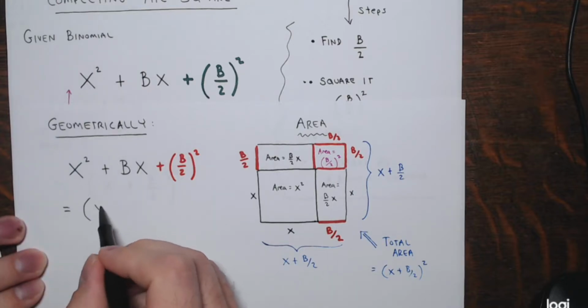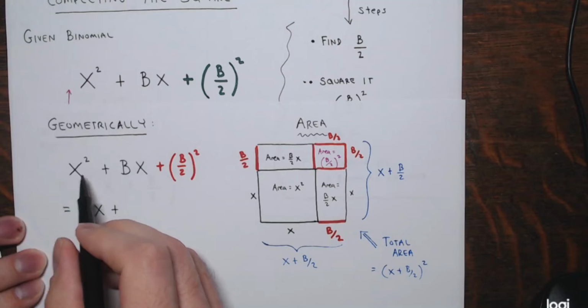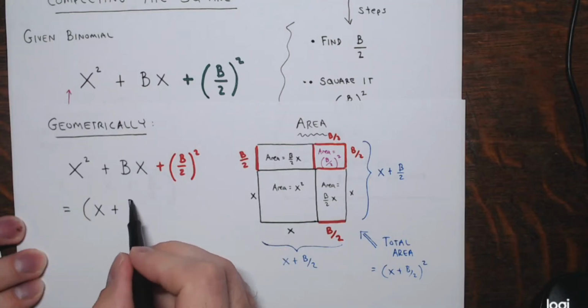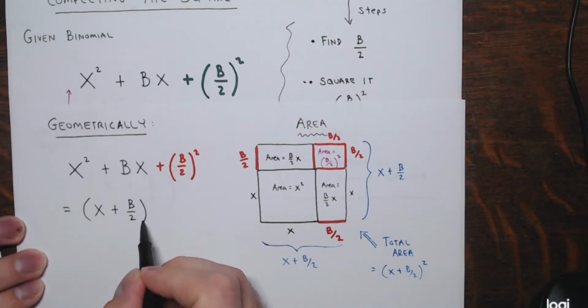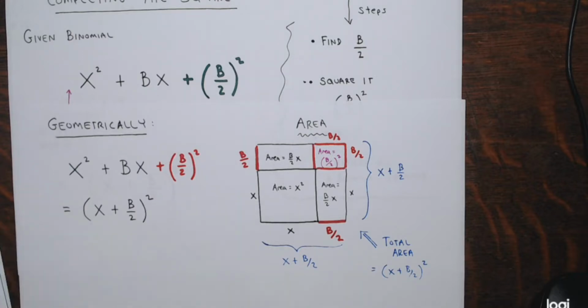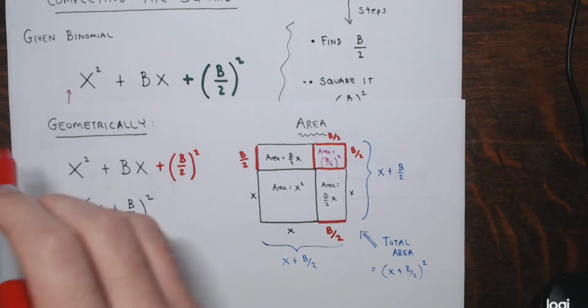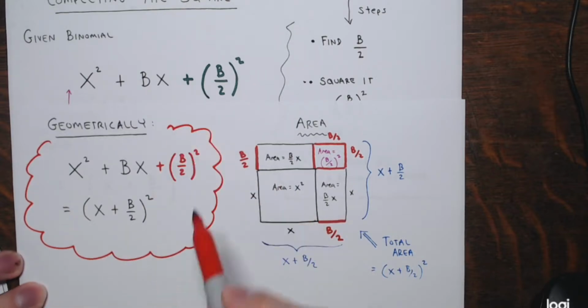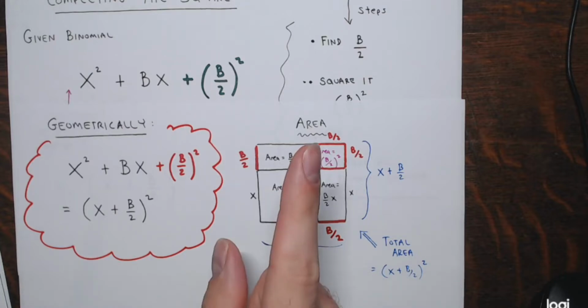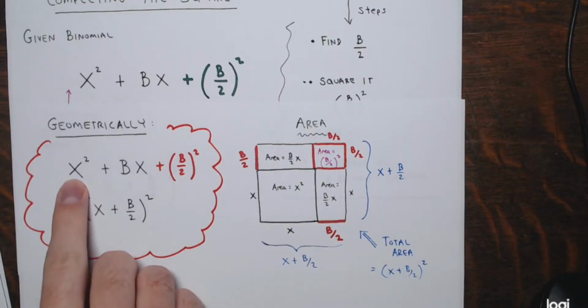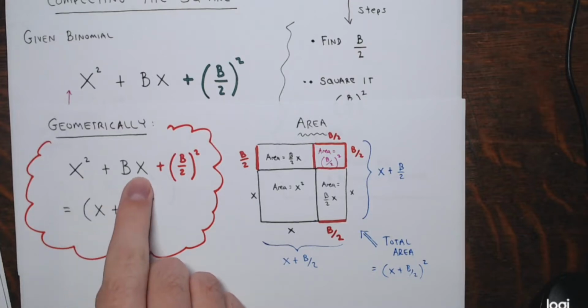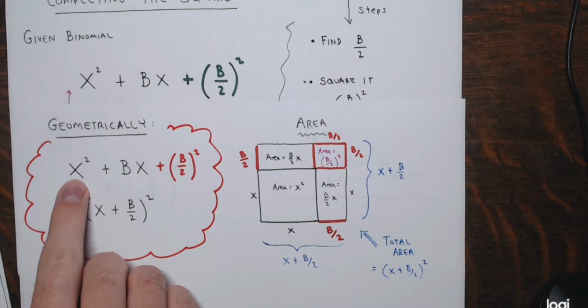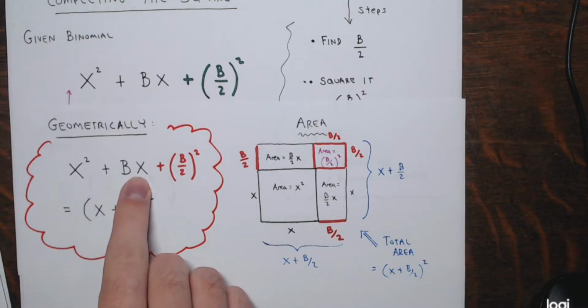So the sum of these three areas is equal to this area. Once again, I'll put this in a nice little bubble. This is important; this is what we're going to be doing for every single one of these problems. So one more time: we're given 1 times some variable squared plus some number times that variable to the first power. We're given a quadratic term and a linear term.